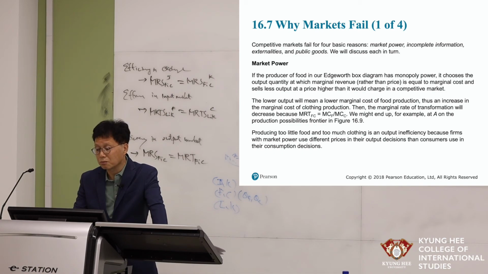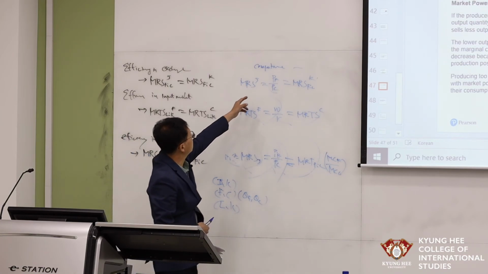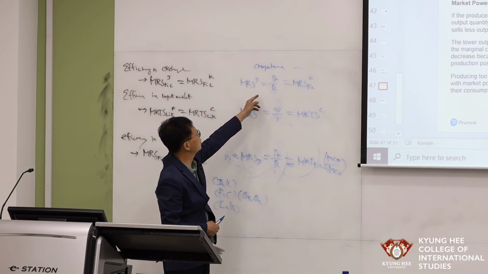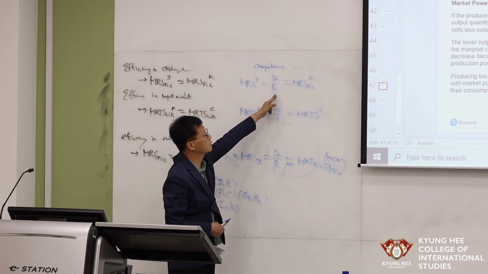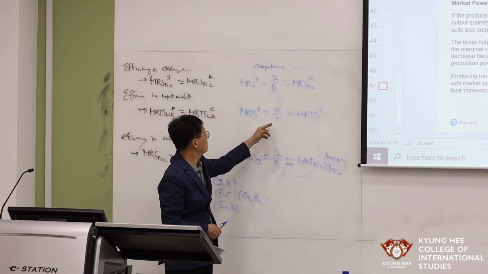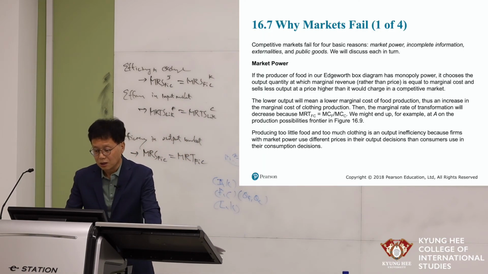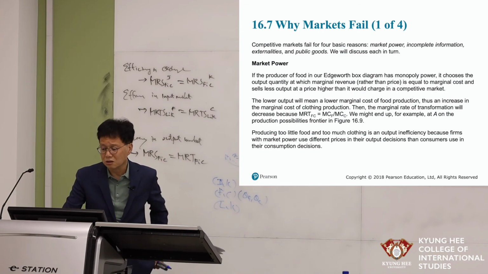Number 2, incomplete information. Because of incomplete information, MRS, the consumers' evaluation, is different from the market price. Or producers' evaluation is different from the relative wage rate. And number 3, externalities, you know externalities, right? And number 4 reason is public good. We discuss each in turn.